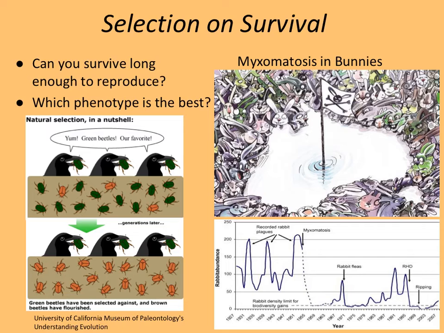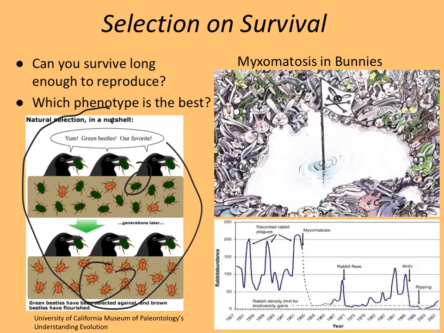Okay, so here's selection on survival, natural selection. On these guys, the individuals who are favored are the brown, because the other ones are more visible. This is myxomatosis in Australia. A virus was introduced because the Europeans decided they wanted to introduce bunnies because they missed the bunny.